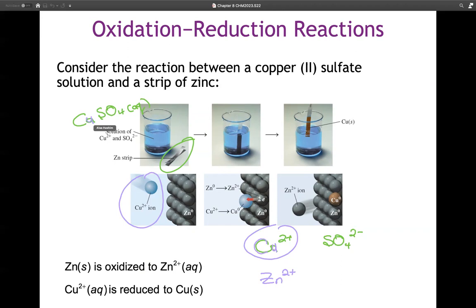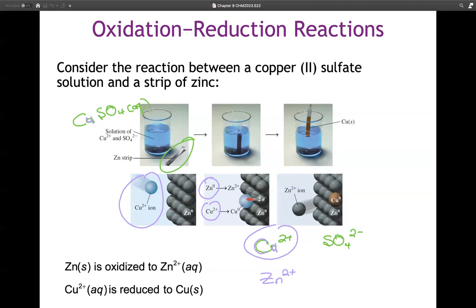It's copper sulfate, all right? Copper ions in solution, and the redox reaction is going to take place between copper and zinc. Zinc metal has an oxidation state of 0. But in solution, when it reacts with copper, notice what is happening.